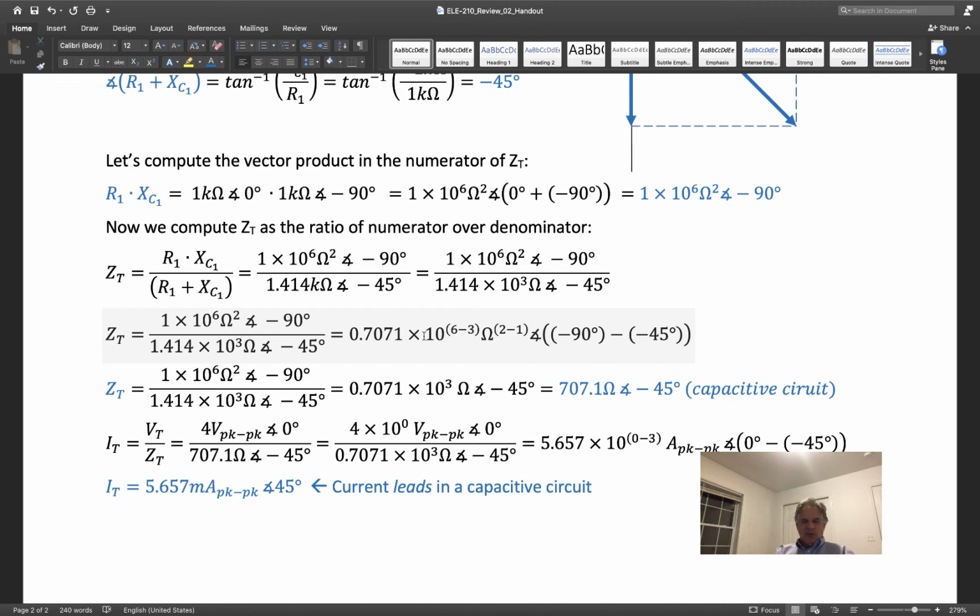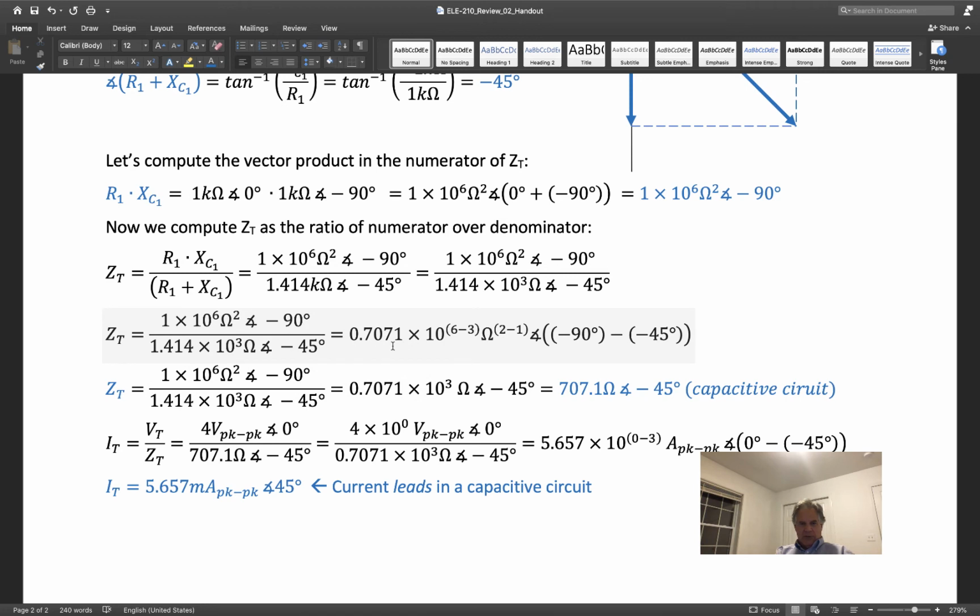So 0.7071 times 10 to the 6 minus 3 ohms at, now we're dividing so we have to subtract the angles, minus 90 minus 45 is going to be minus 90 plus 45, and we're going to wind up with a minus 45 degree result.